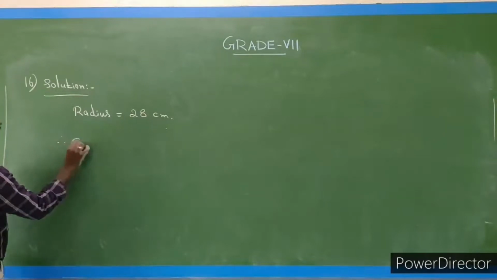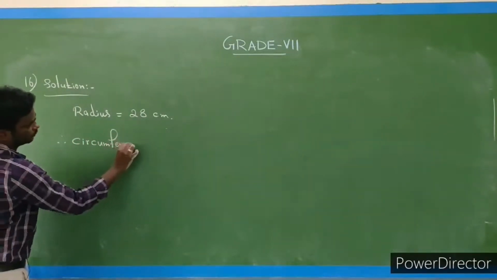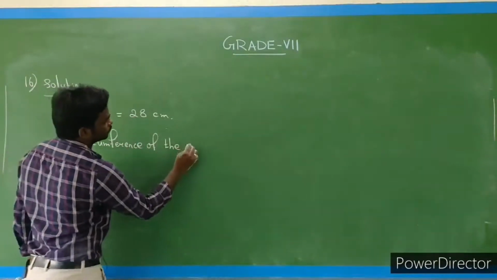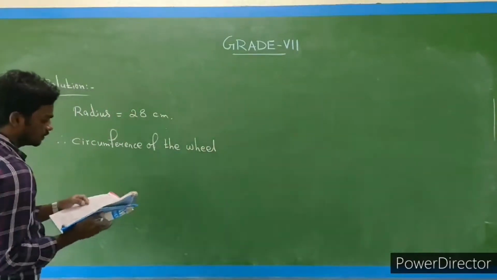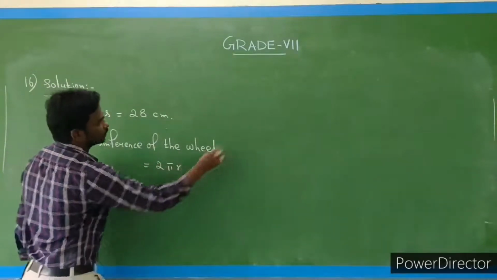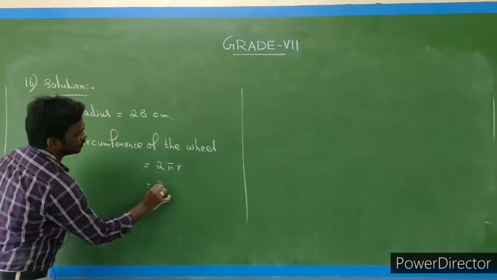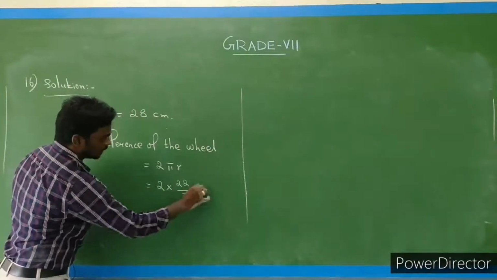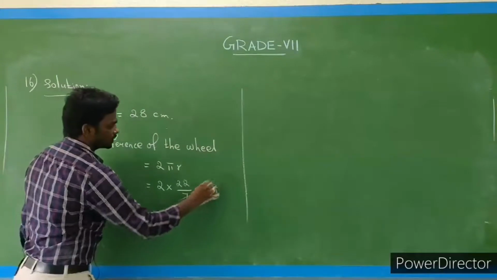Therefore, the circumference of the wheel is equal to 2 pi r, which is 2 into 22/7 into the radius 28. 1 7 is 7, 4 7s are 28.